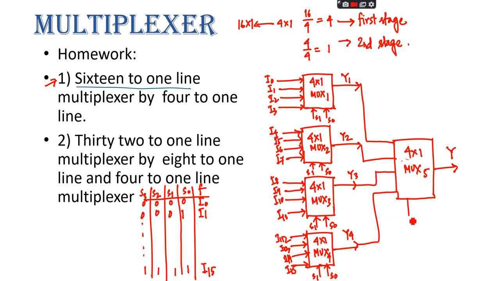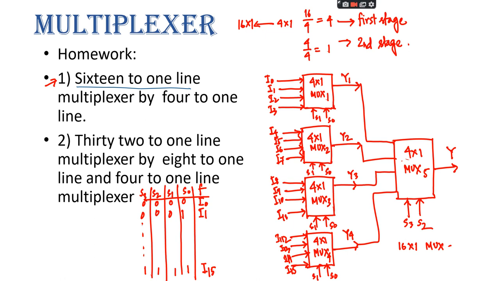And for this multiplexer, the control inputs should be S3, S2. So the whole thing will work as a 16 to 1 multiplexer. If you want to see a demo, I can give one.